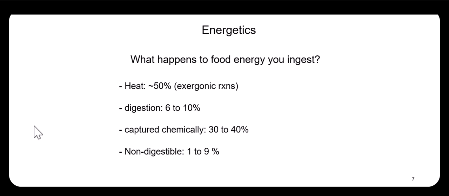That's generally estimated as roughly 10% of the calories of your food. Some of it's captured chemically. That's our wheelhouse. That's our ATP. Some of it just isn't digestible by us, so some of it will pass right through.